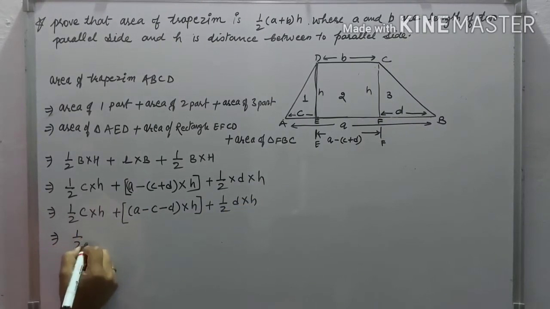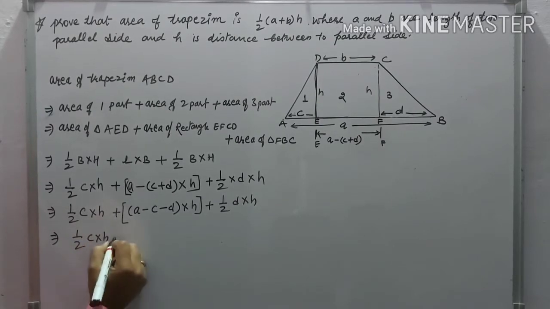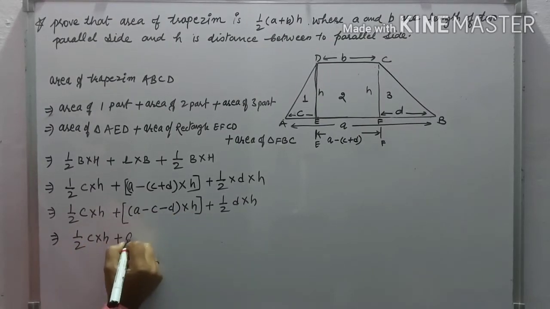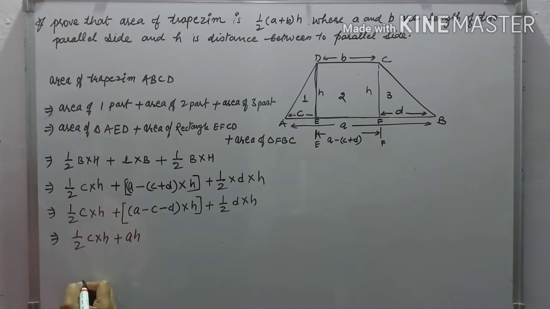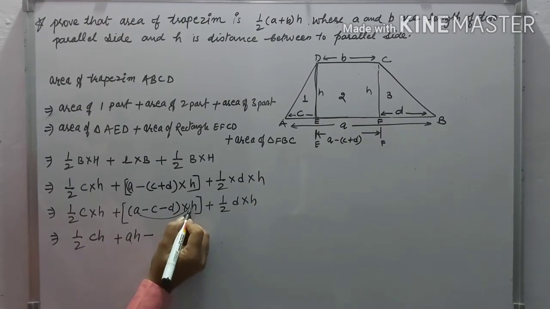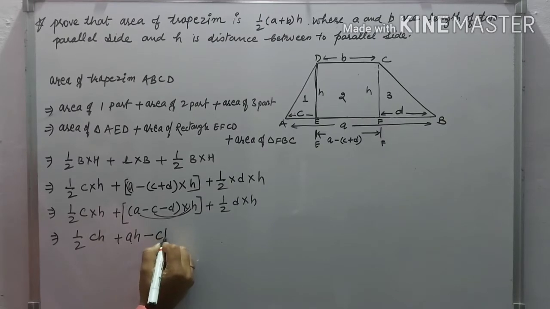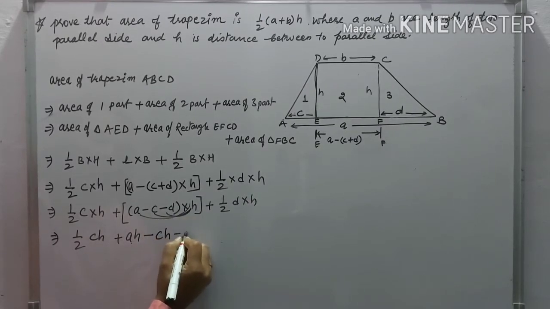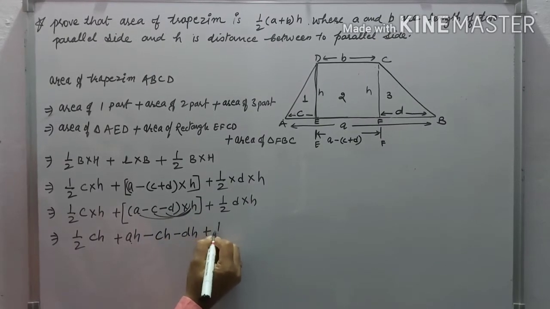That is 1 upon 2 ch plus, now multiplying by h, ah minus ch minus dh, plus 1 upon 2 dh.